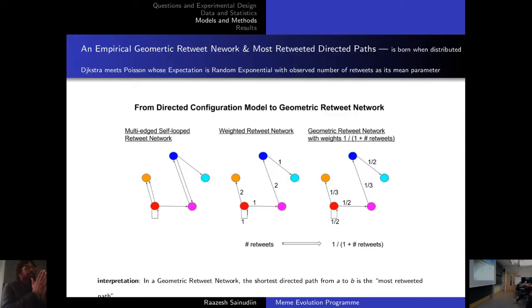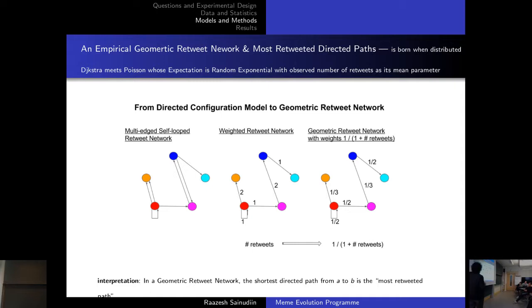The next main mathematical idea is actually very simple as well. We want to go from the directed configuration model to what I call the geometric retweet network. This formalizes a lot of things Simon is interested in, like betweenness and centralities, and it is a very extreme look at the Markov chain that formalizes retweet transmissions.